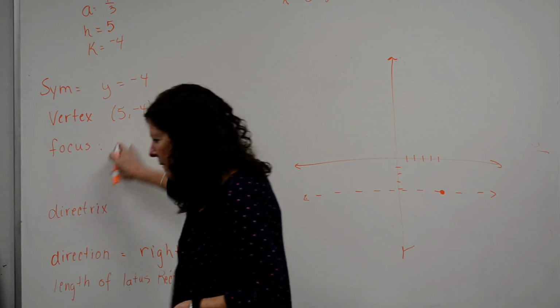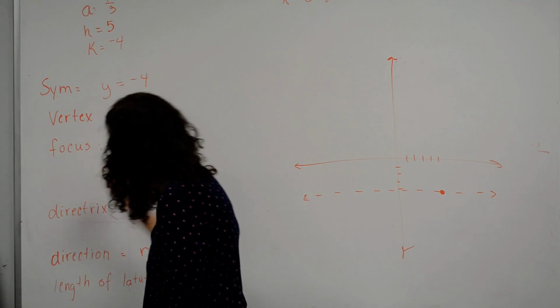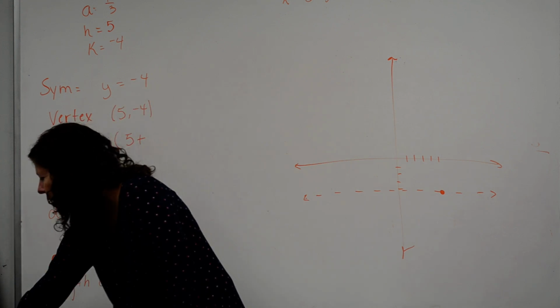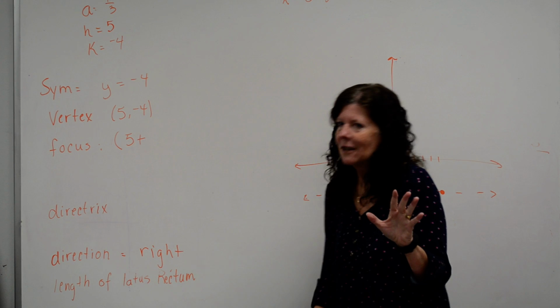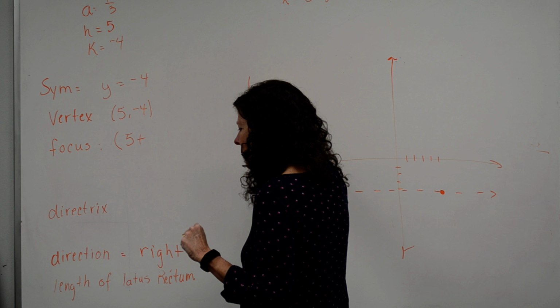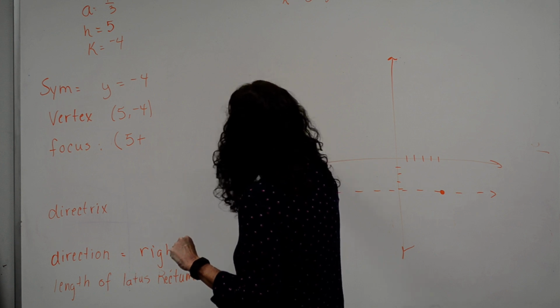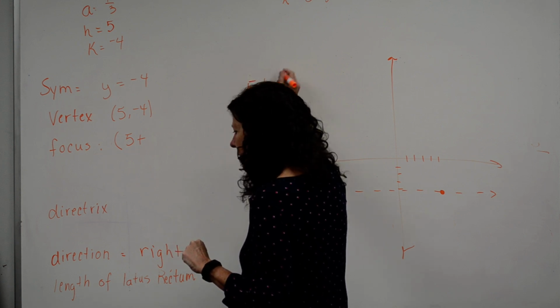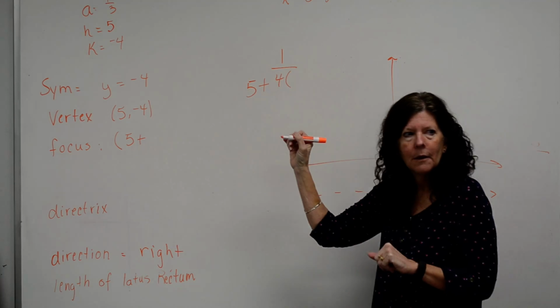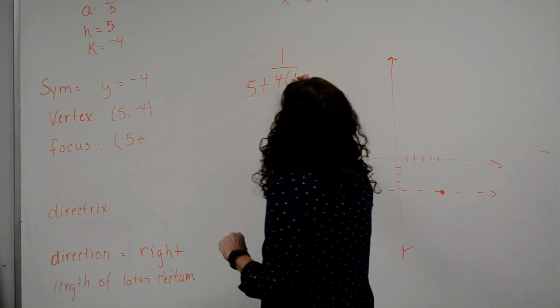So let me figure out my focus. My focus here, I take the h, which is the 5, plus 1 over 4a. Now be careful, okay? h, which is 5, plus 1 over 4 times, what's my a? 1/3.